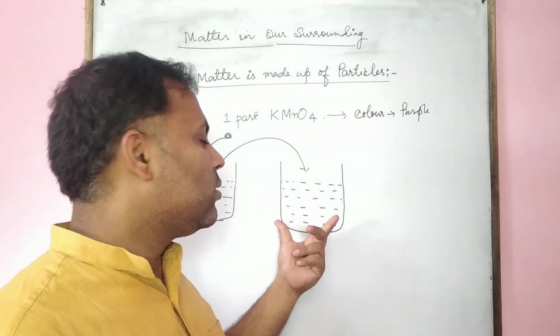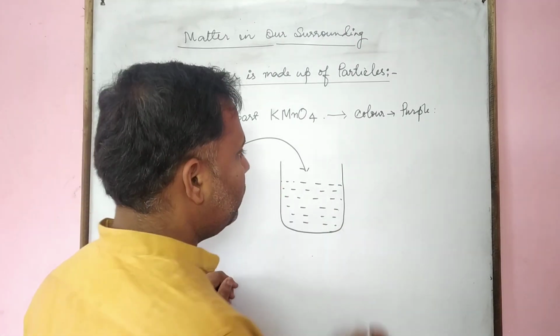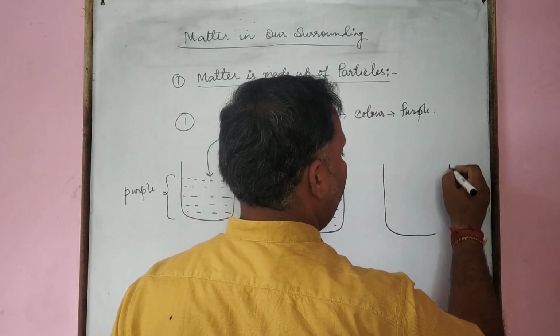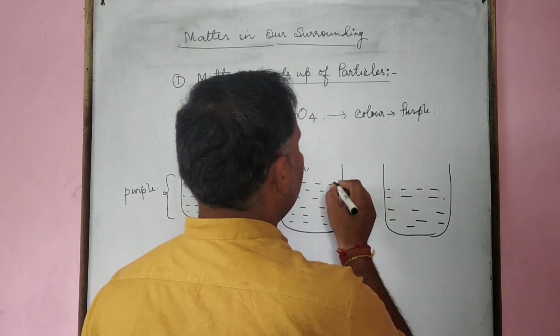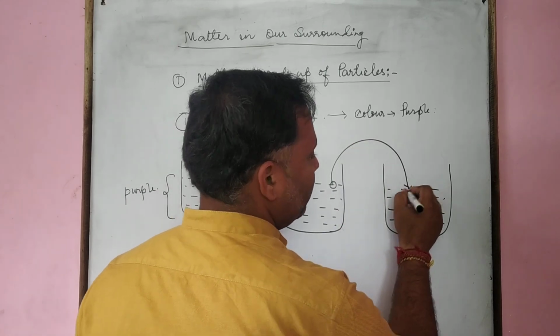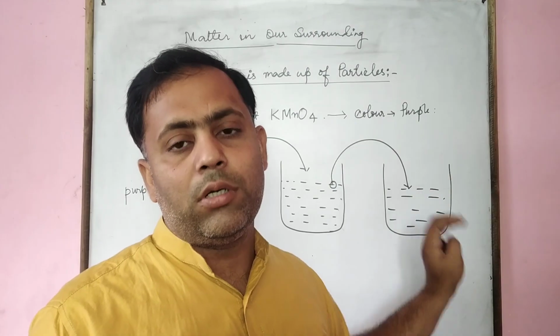That's why the solution turns purple, but the color is light. Next, we will take another beaker, fill it with water, and place a few drops of this solution into it. What we see? We see that this solution also turns purple.